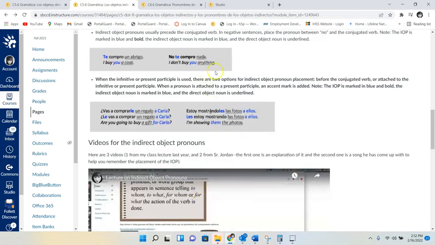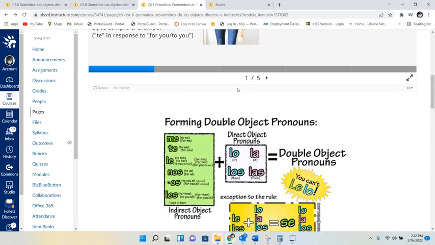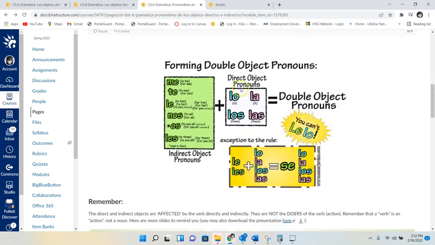So in Spanish 1, you learned how to replace each one of them separately. And that was what you did when you were reviewing it in Capítulo Preparatorio. In this chapter, you are now going to replace both of them together. In terms of which object pronoun you are going to place first, think of them as ID, indirect, direct.